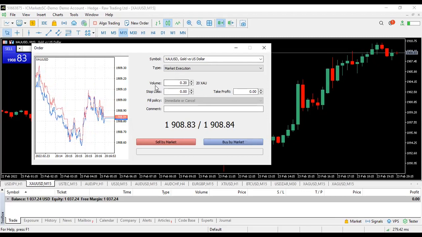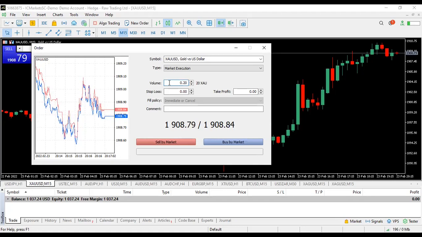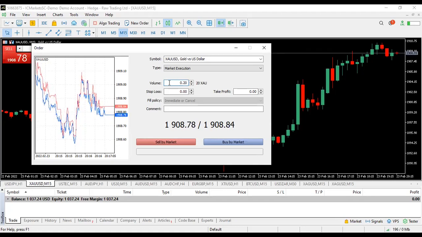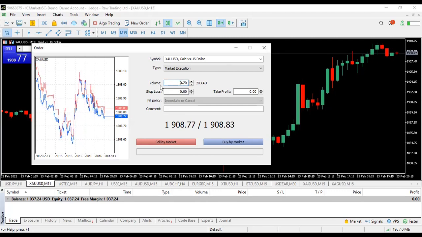The next thing is the volume. Remember, guys, I spoke about the volume. I said the volume is a very important thing. The more money you put in, the more money you get out. Right now, the volume is called lot size. Again, just take notes. Volume is also lot size.